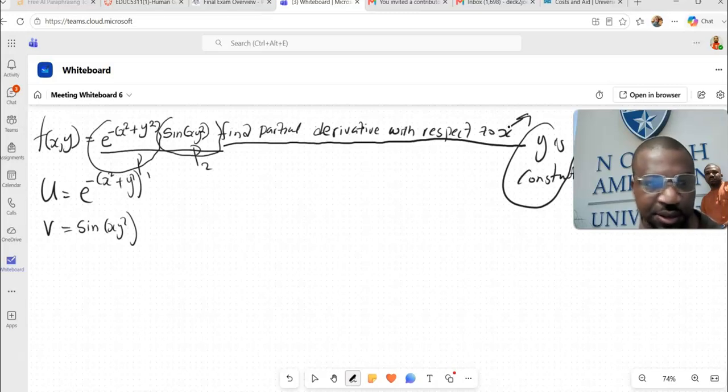So in that case, let me use this formula, the partial derivative function for x.